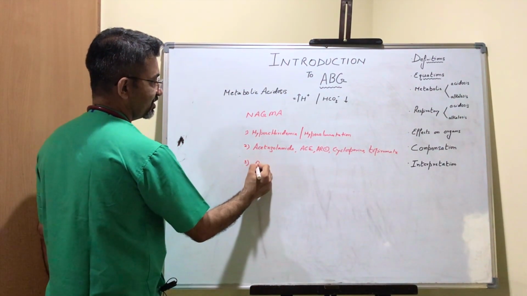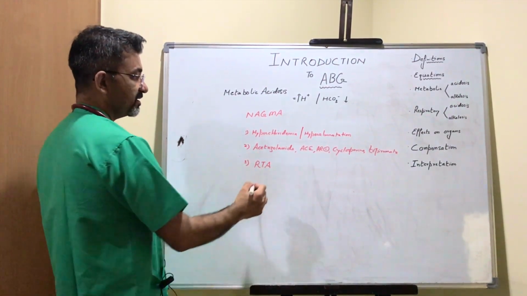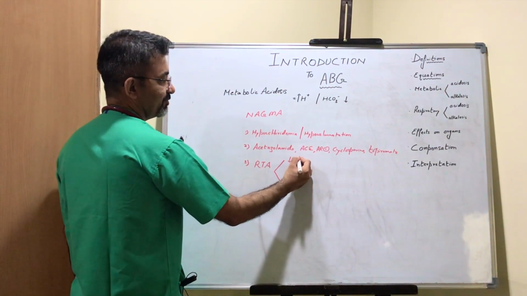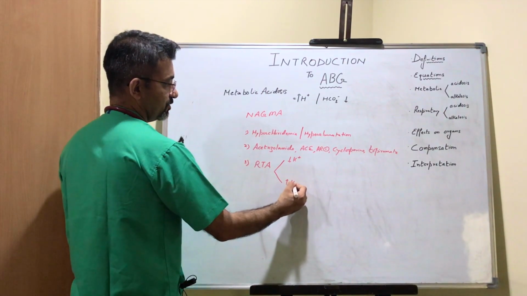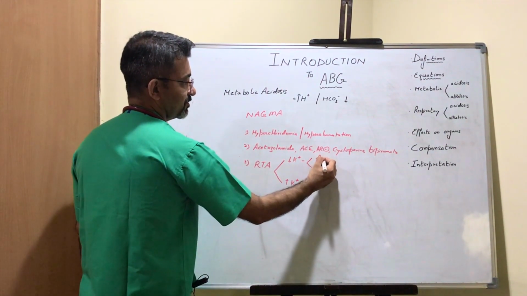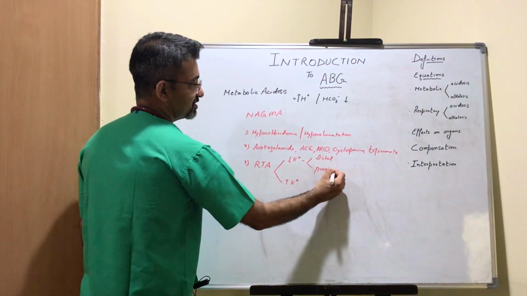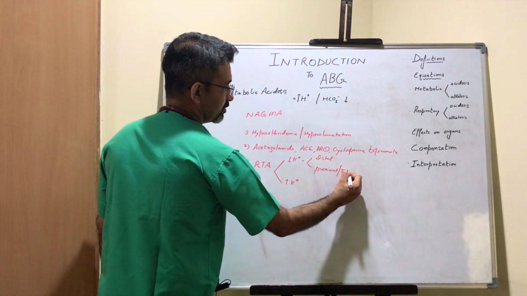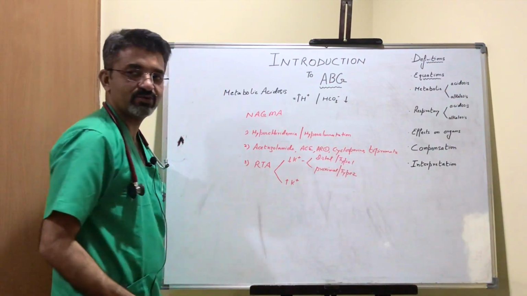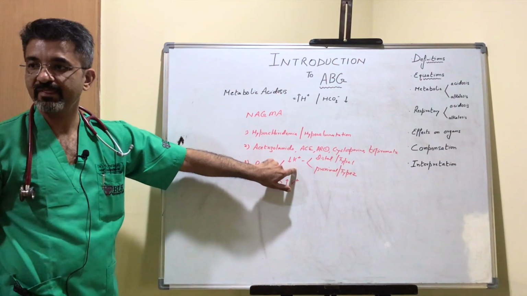Third is renal tubular acidosis, RTA. RTA can be of two types, low potassium RTA or high potassium RTA. Low potassium RTA can be distal or proximal. Proximal is type 2, distal is type 1. So in both type 1 and type 2 you have normal anion gap metabolic acidosis, but you have hypokalemia.